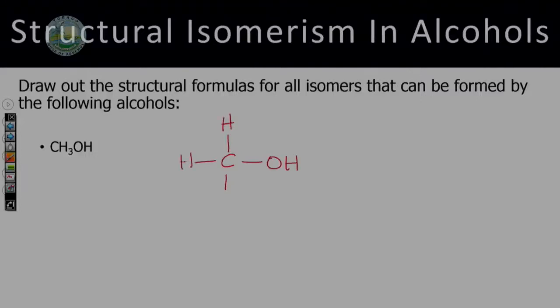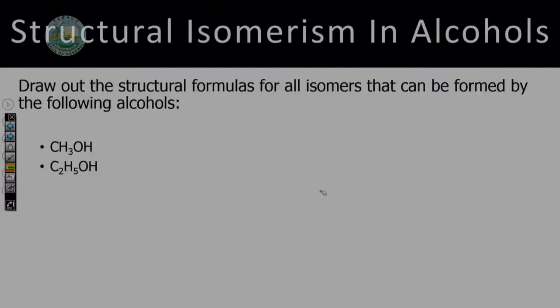We draw this here, and ask our question: is there any other way that I can draw this particular alcohol? The answer is no. There is no other way because the OH group is still connected to the same carbon. So we're going to erase this one, and let's see if we can have an isomer forming from the second one.